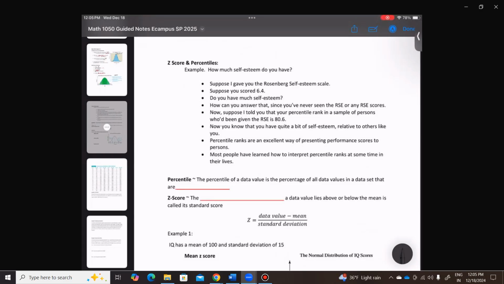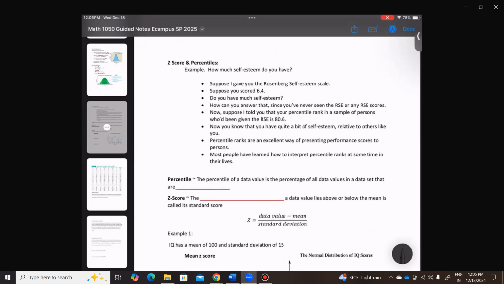Suppose I told you that your percentile rank in the sample of persons who've been given this scale is 80.6, or your 80.6 percentile. Now you know that you have quite a bit of self-esteem relative to others.